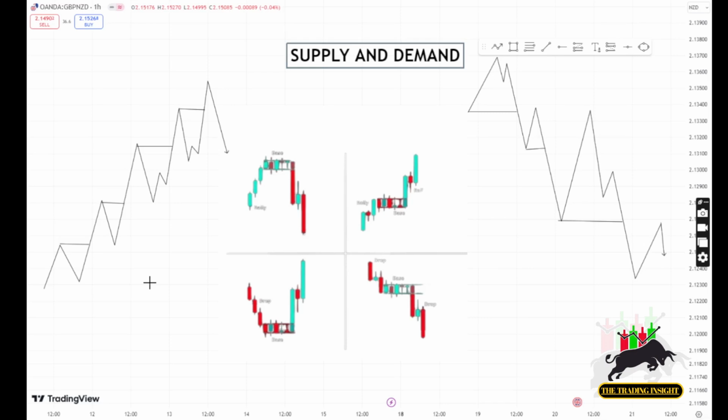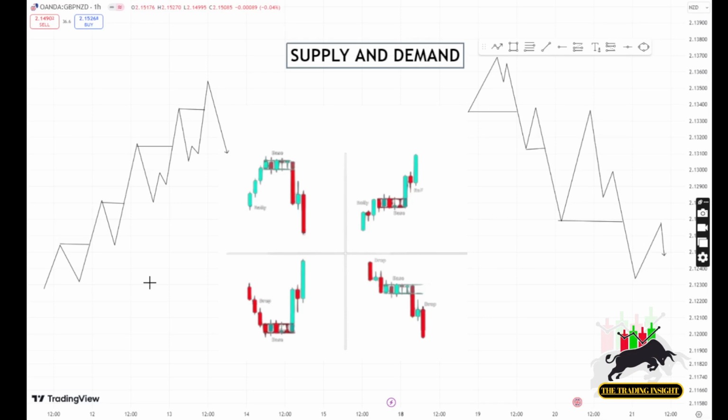Areas where the big banks and financial institutions come in and move price. That's like areas where the big banks pump in their money in order to move the price of a particular currency pair up or down. So that is what supply and demand basically means.